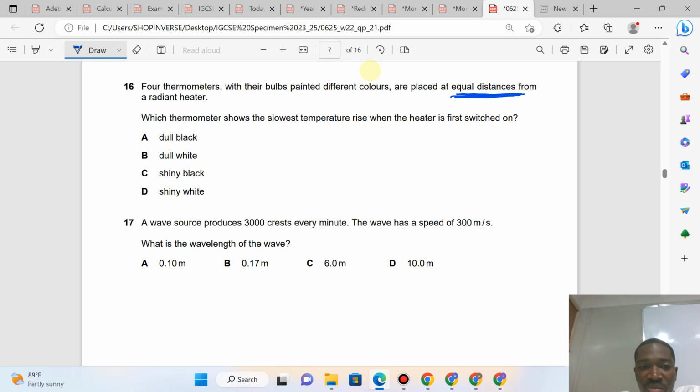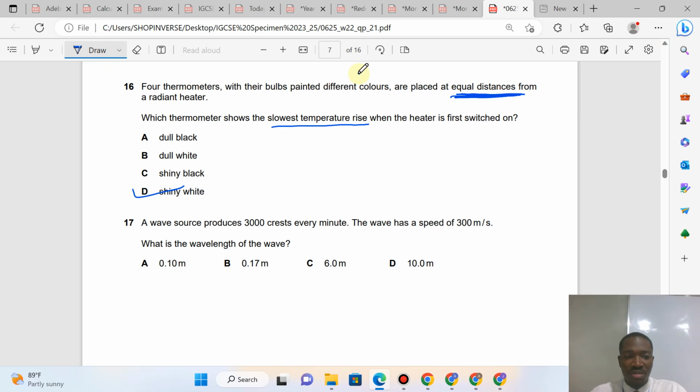So which thermometer shows the slowest temperature rise? That's the poorest receptor of radiant heat, and the poorest receptor of radiant heat is the shiny white surface. That makes option D the correct answer to question 16.